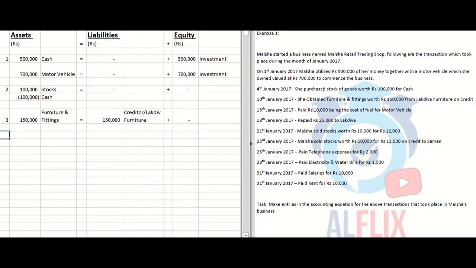Transaction number 4. 13th January 2017, paid rupees 10,000 being the cost of fuel for motor vehicle. So here the business has incurred rupees 10,000 of expense for the fuel of motor vehicle which has been paid.